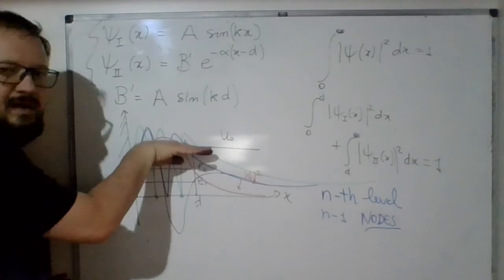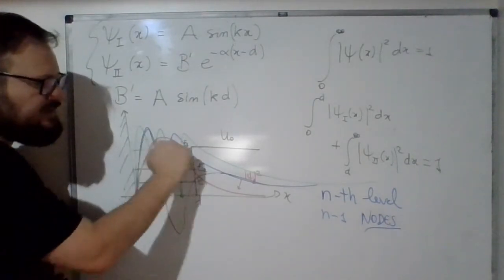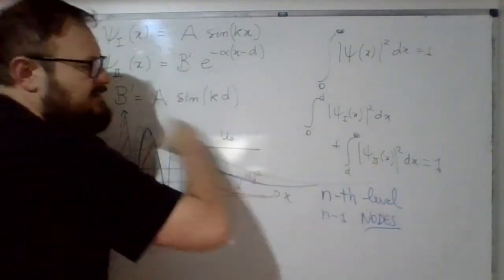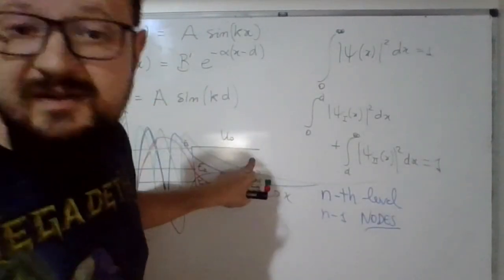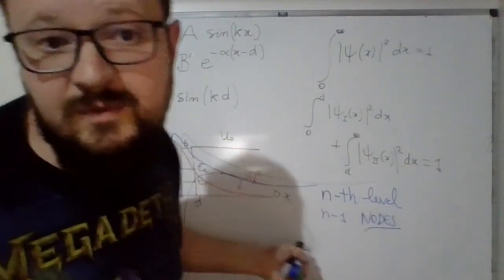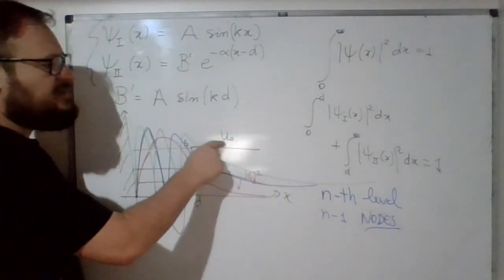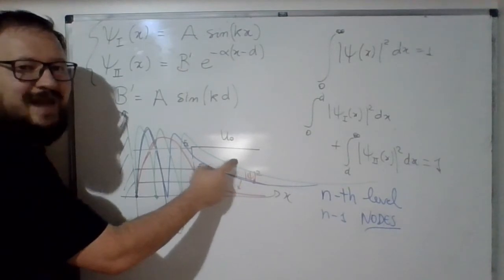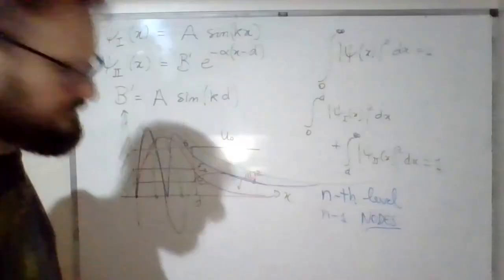Near the top of your potential well, for energies near here, this function becomes very extended in a prohibited region, prohibited from a classical perspective, because for energies lower than U naught, you would have here a purely imaginary velocity for the particle, which is not possible classically.